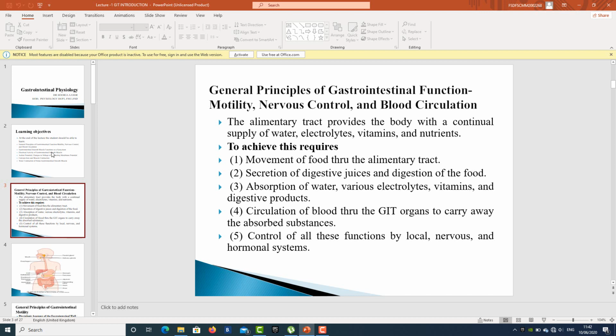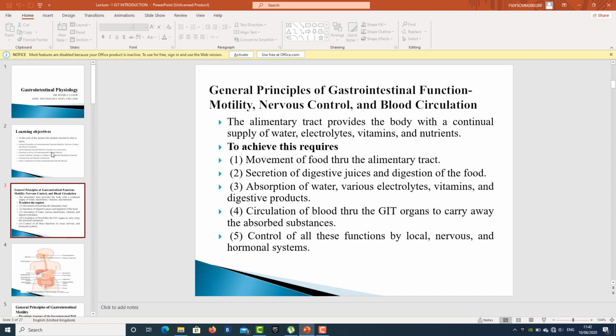And to achieve these requirements, the movement of food should be there throughout the alimentary tract. There should be secretion of digestive juices and the digestion of food is needed. Then absorption of water, various electrolytes, various nutrients, vitamins, digestive products should take place.